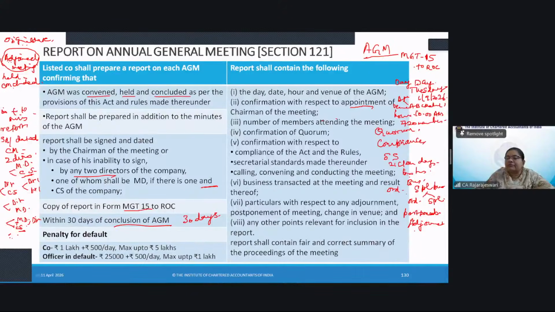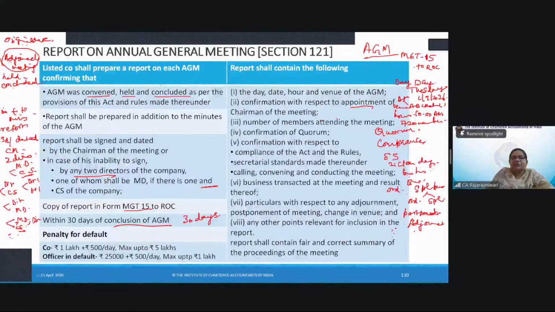Whether it is a lack of quorum, which is the common reason for adjournment of a meeting. Any other points can also be specified in that report, and it should contain a fair and correct summary of the proceedings of the meeting, including whether it was an ordinary resolution or special resolution. All those details should be specified there.